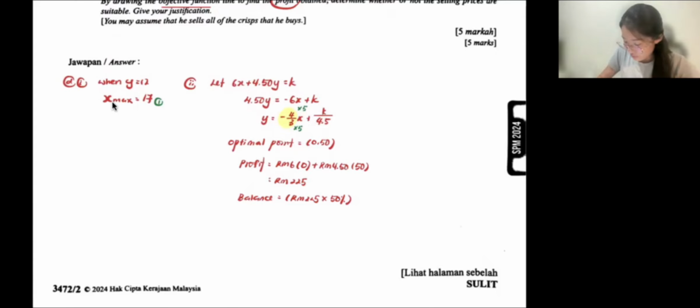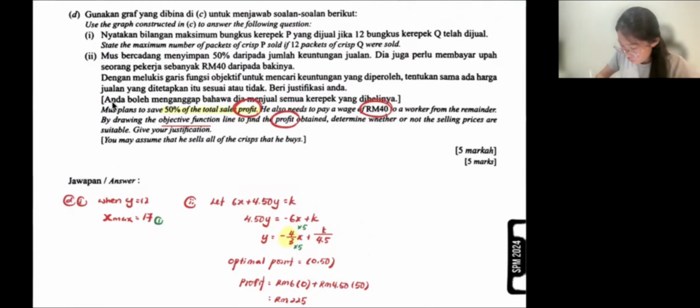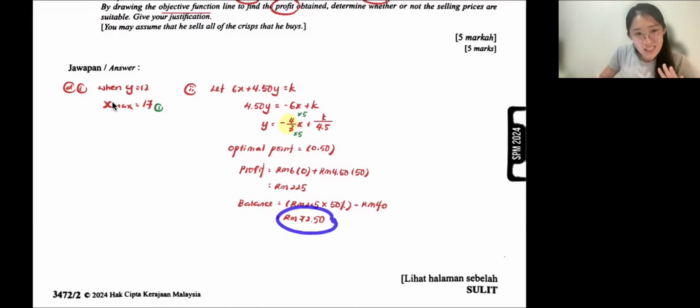The other half, you still have to pay 40 ringgit for the worker. So what is the balance you have left? 225 divided by 2 minus 40. 72 ringgit 50 cents. So suitable or not, this selling price? If you have money, you have excess cash, means it's suitable already. If you get rugi, a negative answer, then it is not suitable. So you can say here, yes, the selling price is suitable.